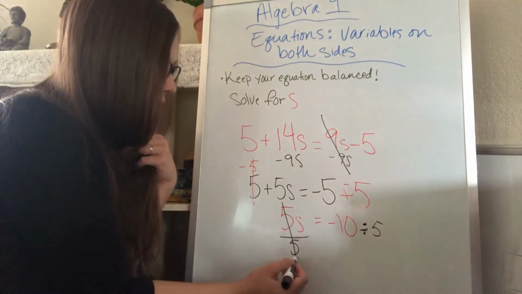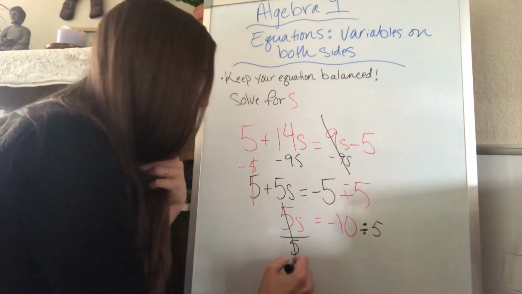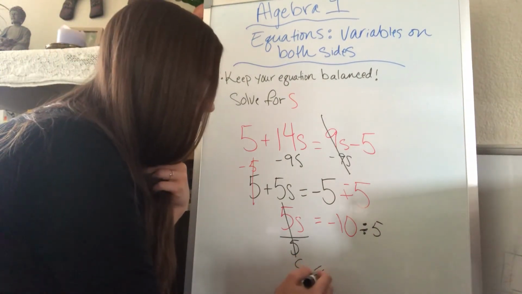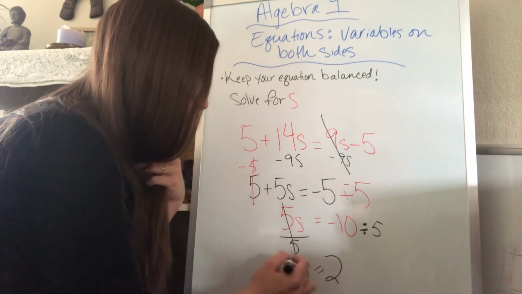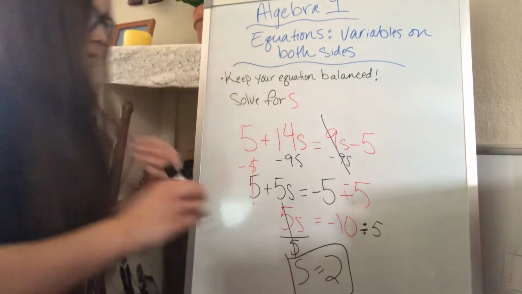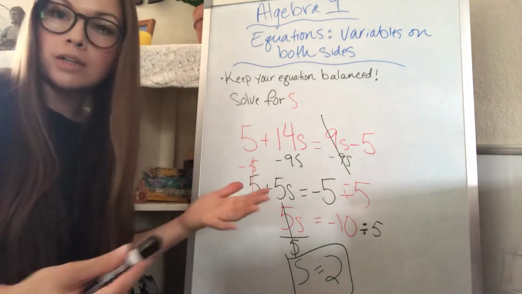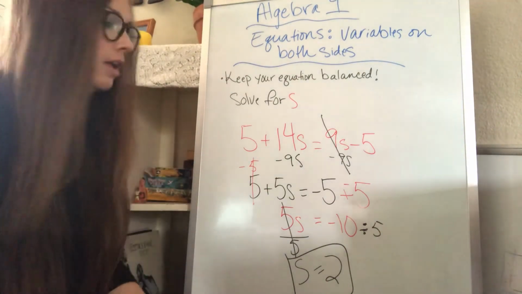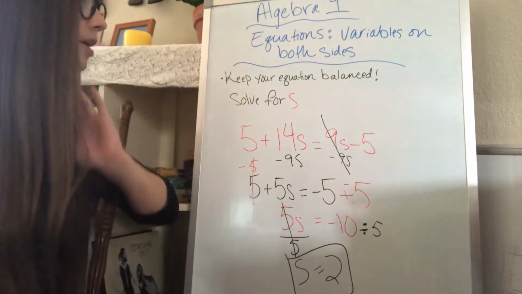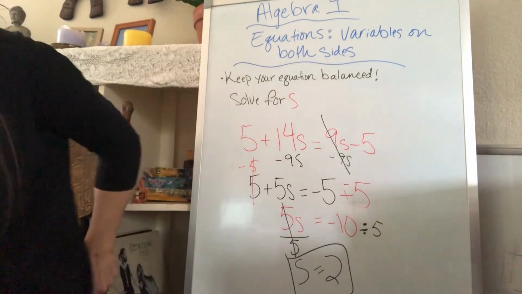So that cancels it over here. Now I just have s equals 10 divided by 5, which is 2. Sometimes your variables are worth whole numbers, sometimes they come out to decimals or fractions, that's okay. Just remember to follow the step-by-step process.